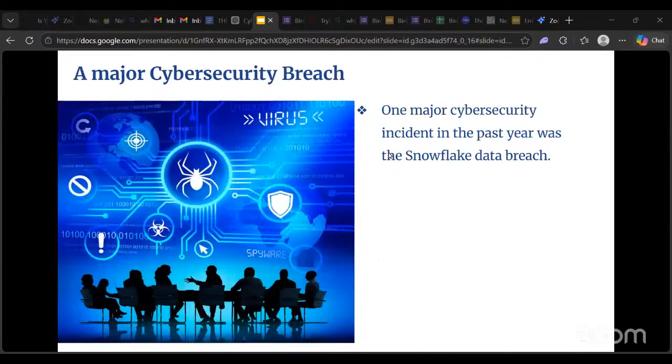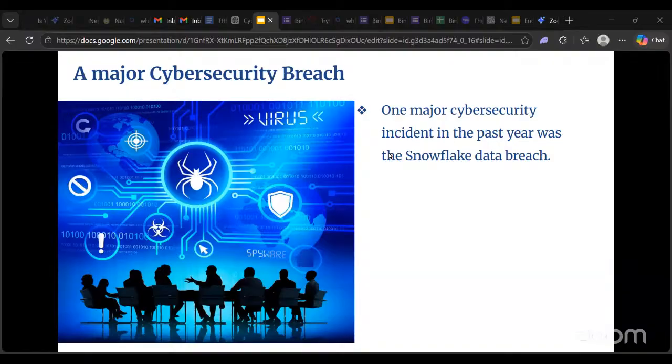Now, before we move into incident response, I would like us to talk about a major security breach. One major security incident breach is known as the Snowflake data breach, which occurred in 2024. In this breach, attackers gained access to customers' data from multiple organizations using compromised credentials.